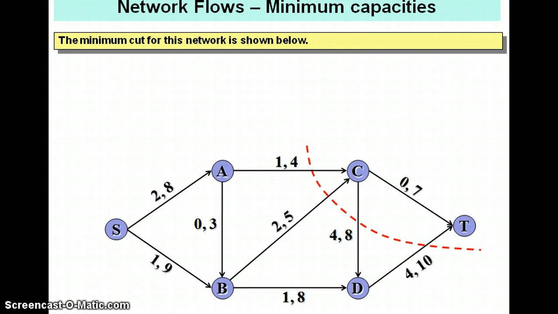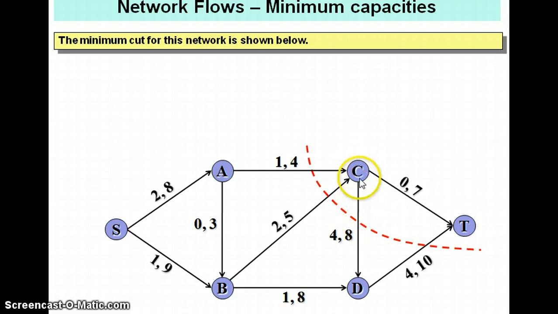This is the minimum cut for this network. We can see here we've got AC going from source to sink with a capacity of 4. We've got BC going from source to sink with a capacity of 5, and DT going from source to sink with a capacity of 10.